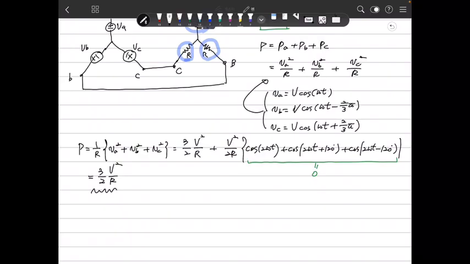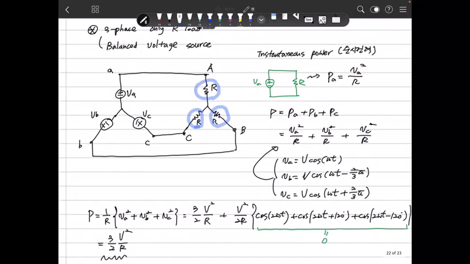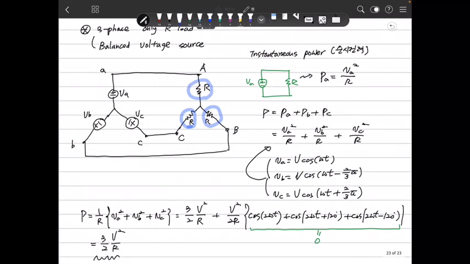This is very important. Actually, this is not average power. This is instantaneous power. I mean, in the case of single phase, PA will be 1 over R V square cosine square omega t.